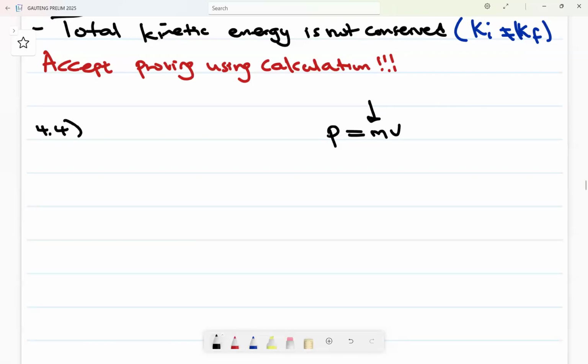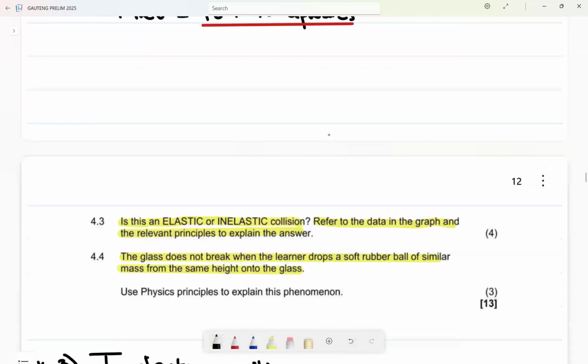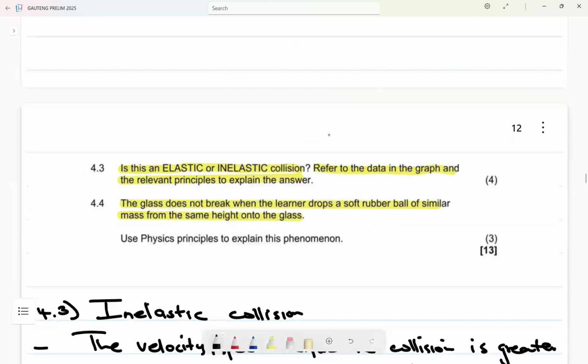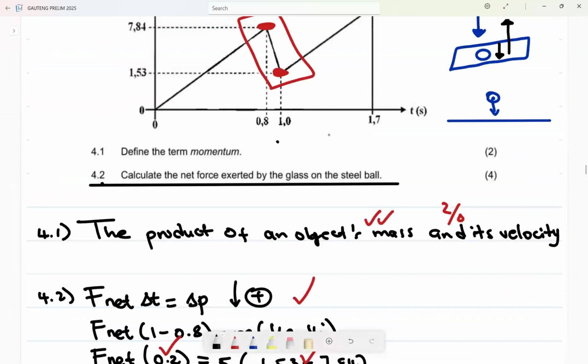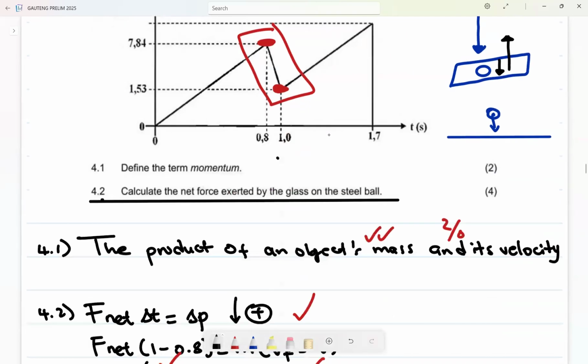So I know the mass is the same. Yes, the concept is the same. The mass, okay, they say the mass is the same. Yes, the mass is the same. But this one is steel and this one is the rubber. Okay, and the steel and the rubber, even though their masses are the same, the steel ball is going to be heavier than the rubber ball.